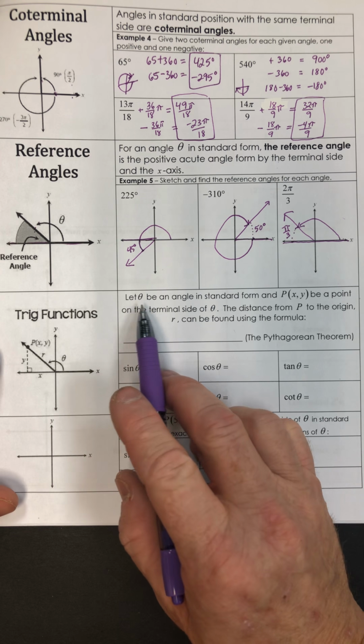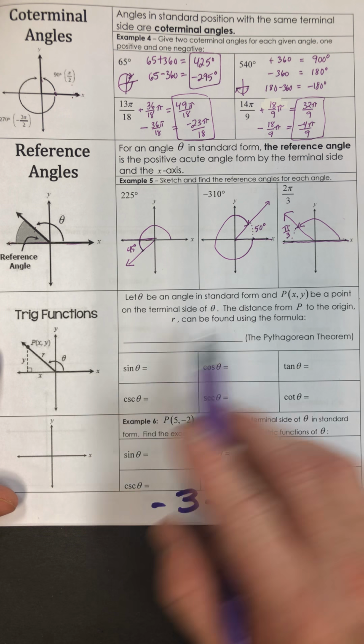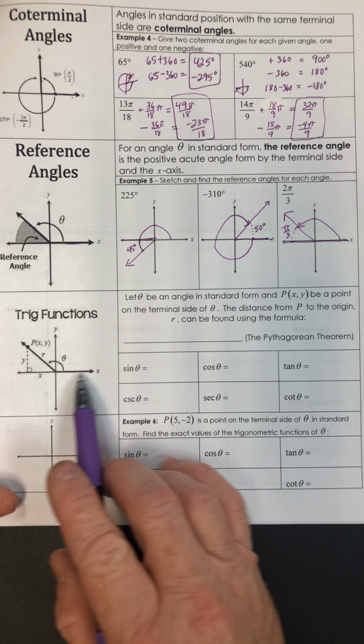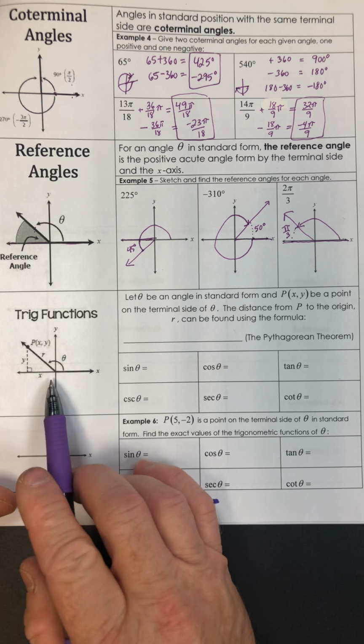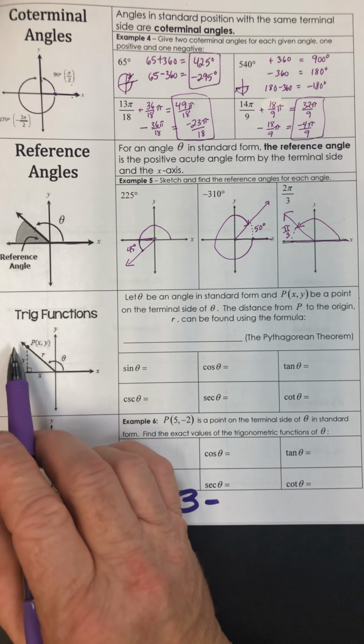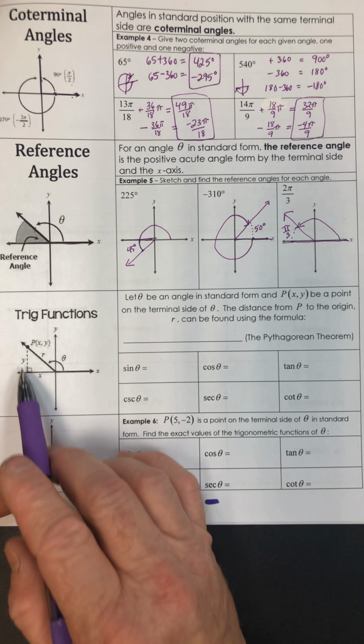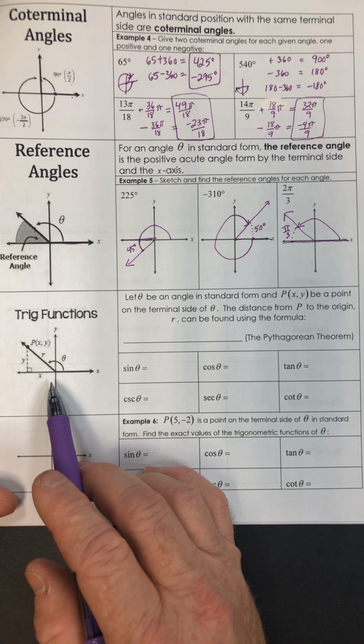So our angle, okay, so let theta be an angle in standard form. If we have an xy axis, we're going to have an x direction, a y direction, and then this line here, our terminal side, is the radius of some right triangle that we're going to draw.